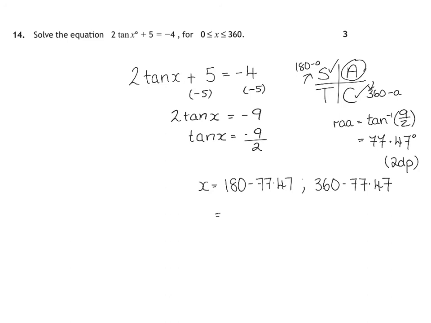So we get our answers as 102.53 degrees and 282.53 degrees. Right, so this question was worth 3 marks. You get 1 mark for tan x is minus 9 over 2, and then 1 mark for each of your 2 values of x.